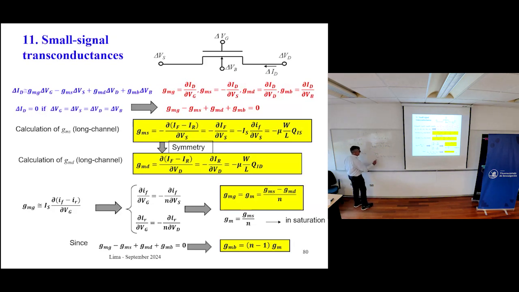Then dID/dVG can be written as the derivative of all this term here. But for practical purposes, this is not exact, I'm going to assume that IS is a light function of VG, and I'm going to neglect the variation of IS with VG. Then I can write this expression as follows.